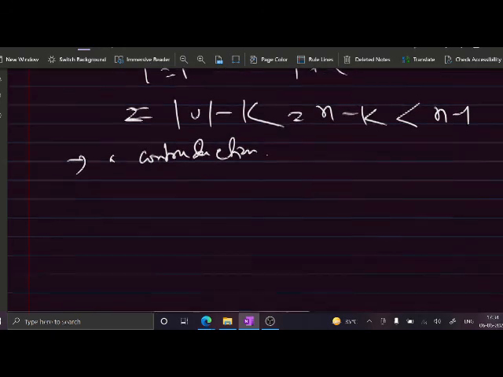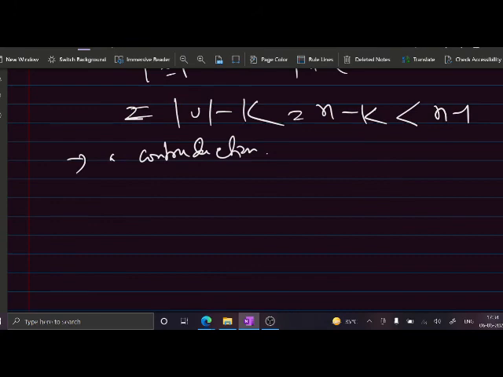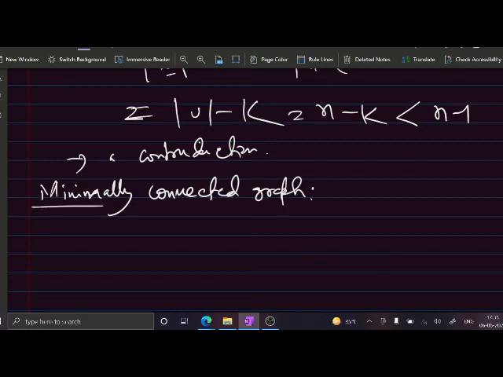So let's move to define another concept of a minimally connected graph. What does it mean?